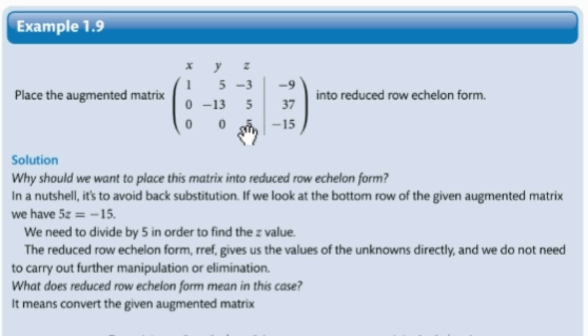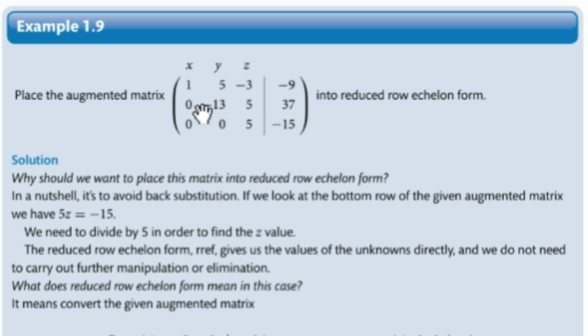The other way to do that is just divide both sides of this equation by 5. And then I'm going to have z is equal to negative 15 divided by 5. Negative 15 divided by 5 is negative 3. So I'm going to have a 1 right here. That's going to represent this z term. So 1 is equal to negative 3. Now we can do the same thing up here.